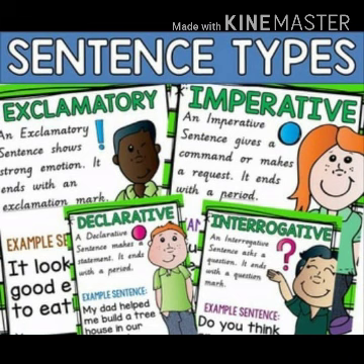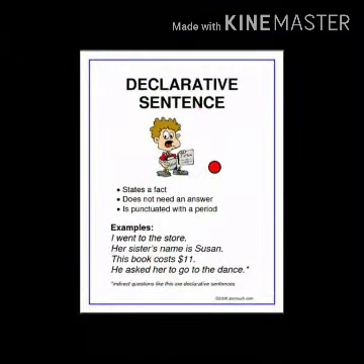There are 4 kinds of sentences: declarative, interrogative, imperative, and exclamatory sentences. First of all, there are declarative sentences. The sentences which declare something, state or inform something are called declarative sentences. Very simple to recognize.